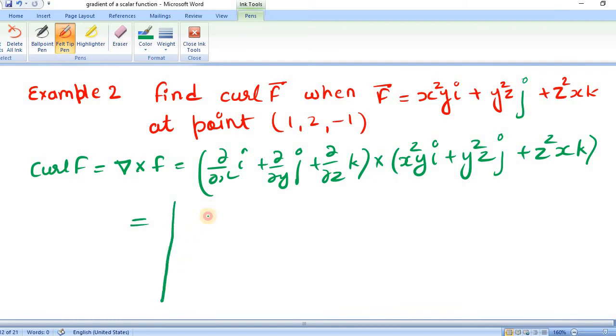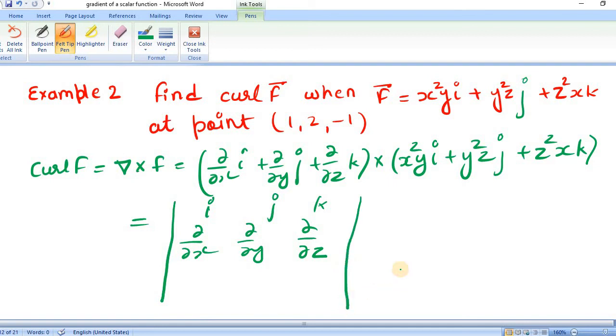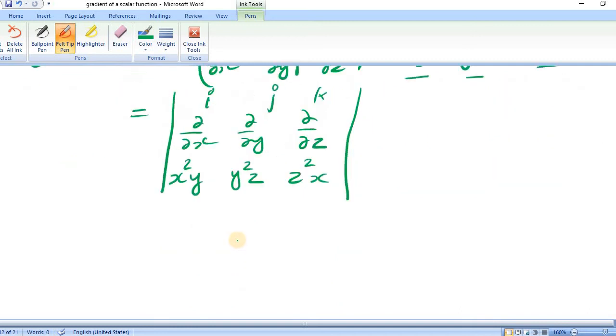We'll use the determinant. So this is i, j, and k in the first row. The second row, del upon del x, del upon del y, and del upon del z. And then the third row, which is the coefficients of these vectors i, j, and k. So this is x square y, then y square z, and then z square x. Okay, so we need to evaluate this determinant.